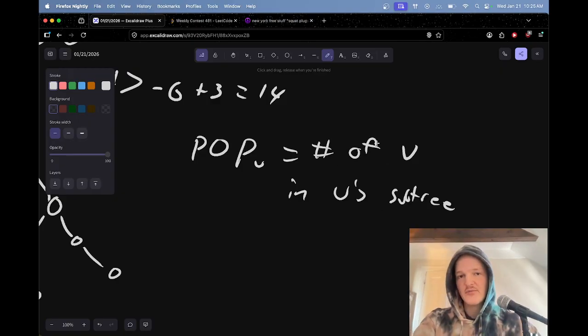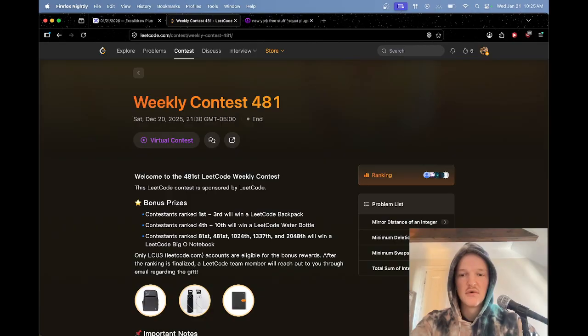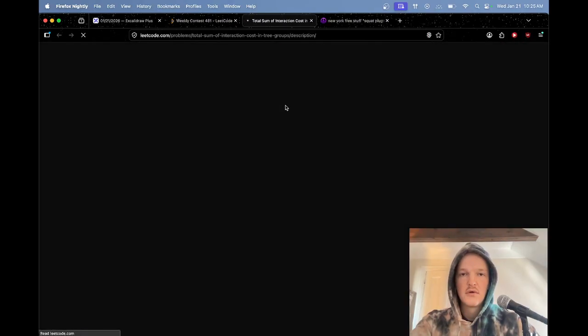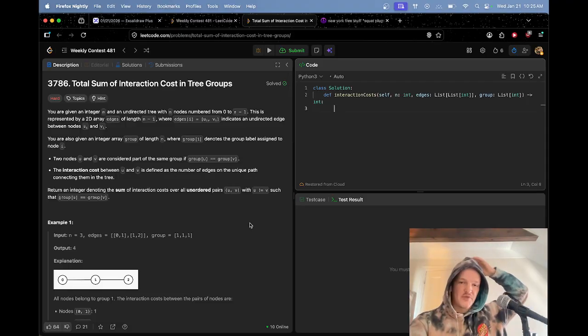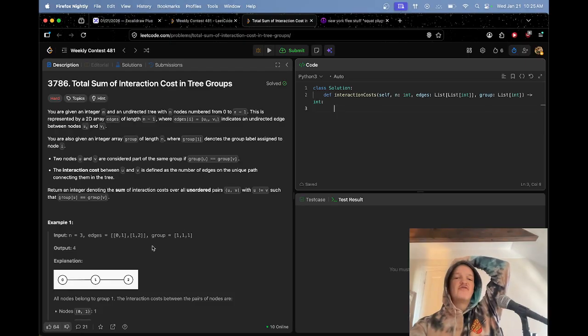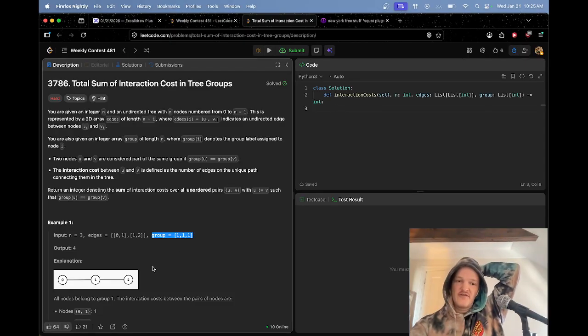So I'll run through an example quickly. For this one, total sum of interaction cost in tree groups. It's basically saying you're given a tree, and every vertex belongs to a group. What's the sum of distances from every node to every other node in its own group?